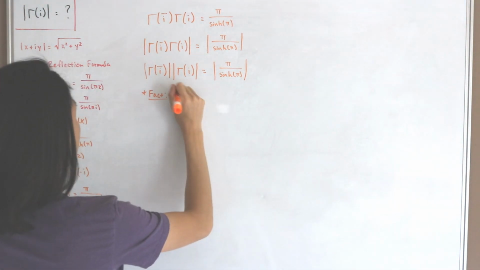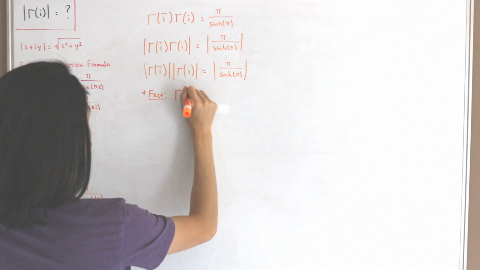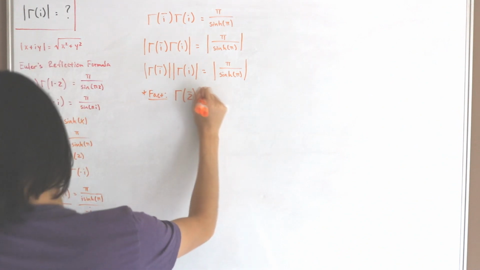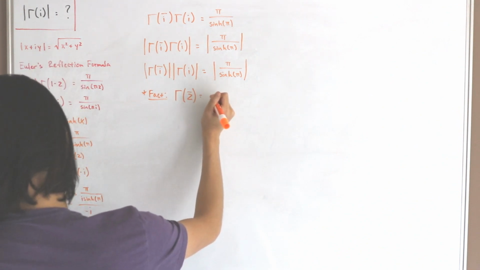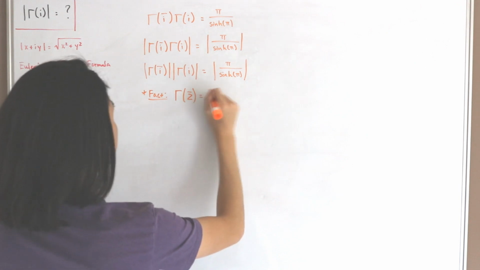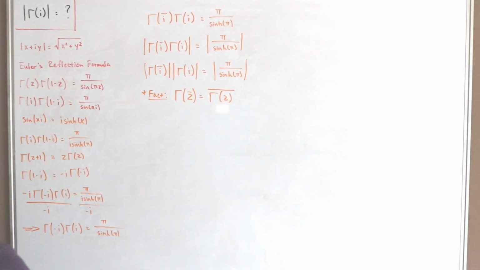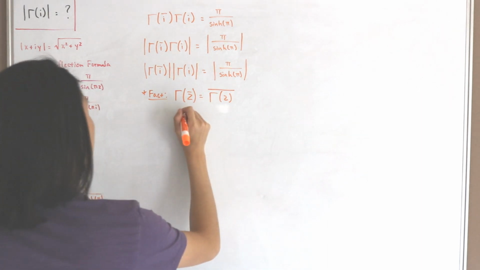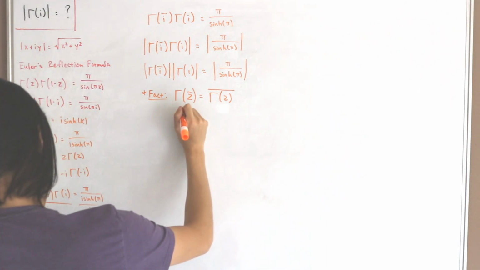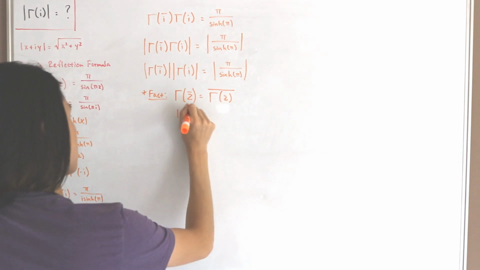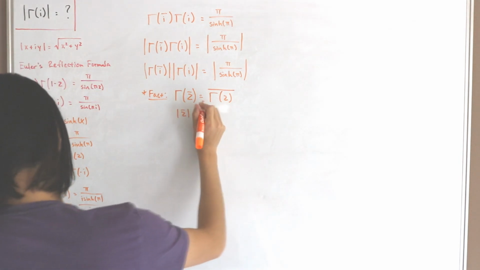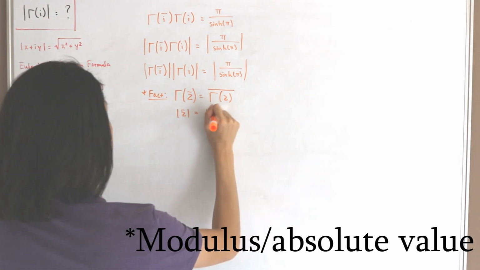We know that gamma of z conjugate is the conjugate of the entire gamma function. And then another thing we know is that the absolute value of z conjugate is also equal to the absolute value of z itself.